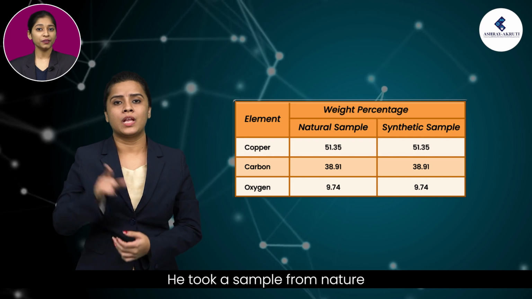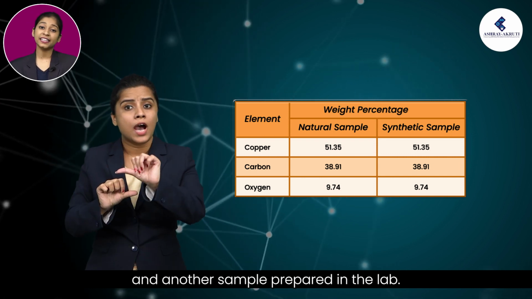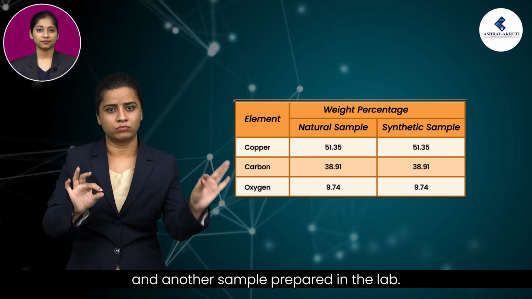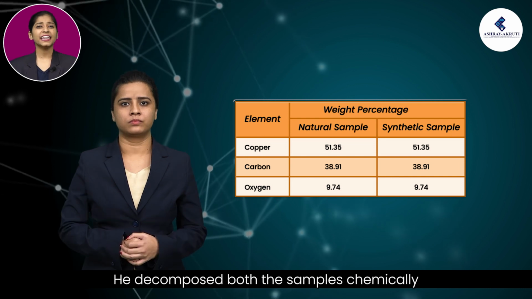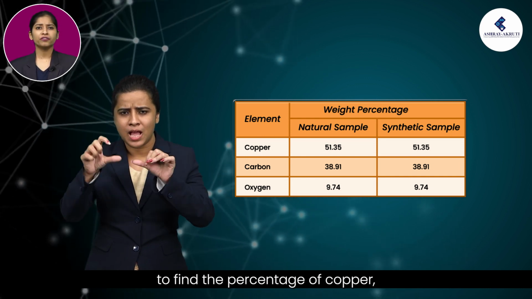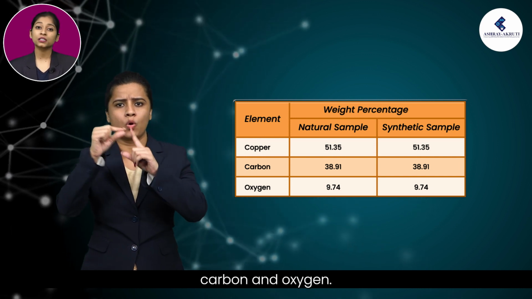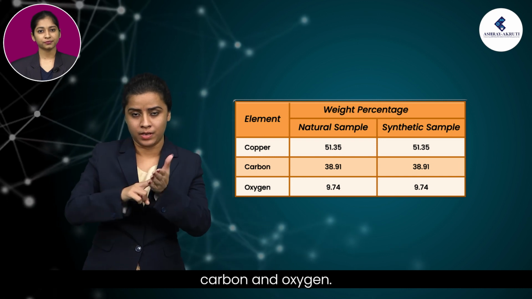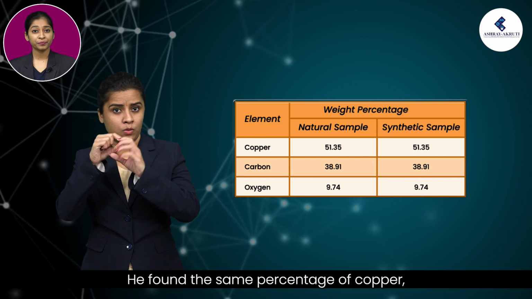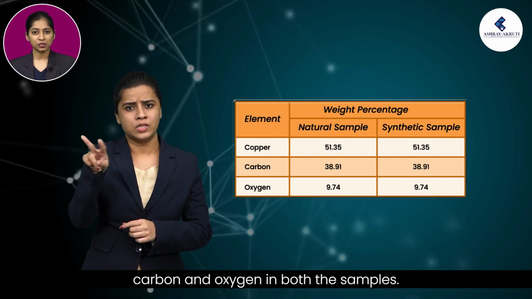He took a sample from nature and another sample prepared in the lab. He decomposed both the samples chemically to find the percentage of copper, carbon and oxygen. He found the same percentage of copper, carbon and oxygen in both the samples.